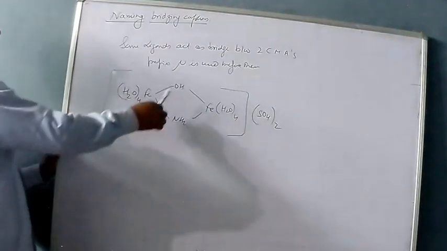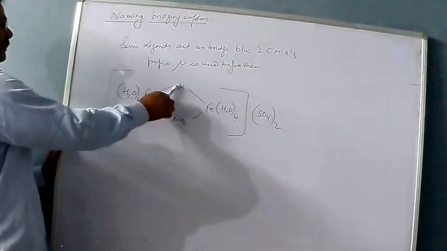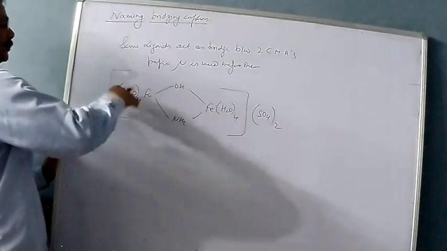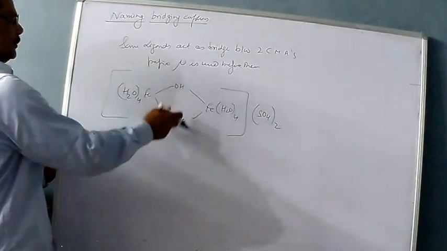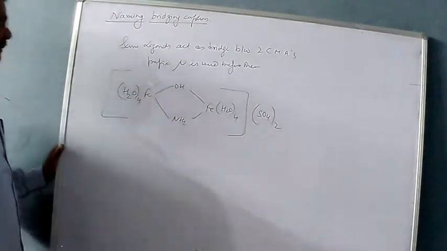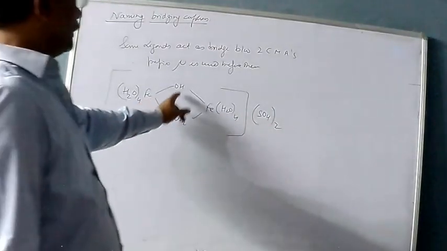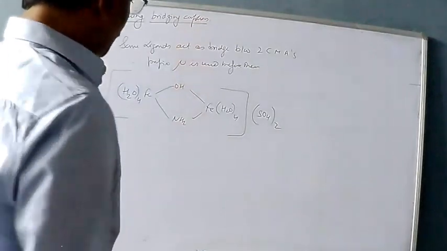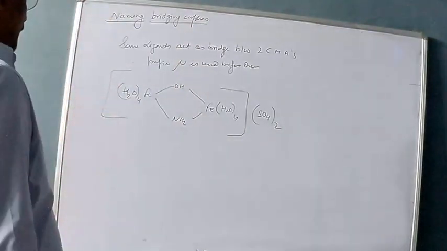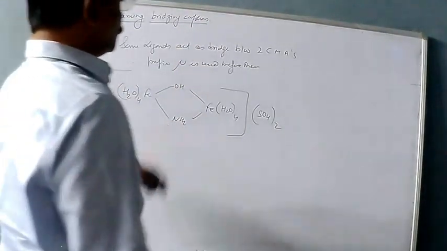We find that there are two groups, two ligands, which are acting as a bridge between this iron and that iron. So they are called bridging ligands. And whenever we are going to write their names, for bridging ligands, we will be using prefix mu. But before we move to naming them, we should know what is NH2.